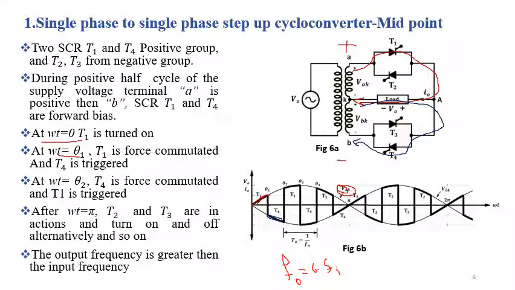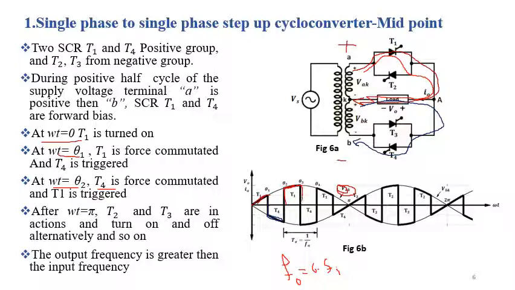So at omega t equal to theta 2, T4 is force commutated, and thyristor T1 is triggered, and again the current will flow like this, and we are getting the output voltage like this.